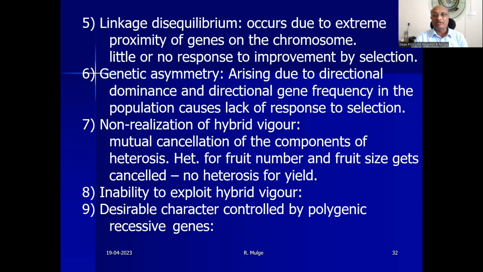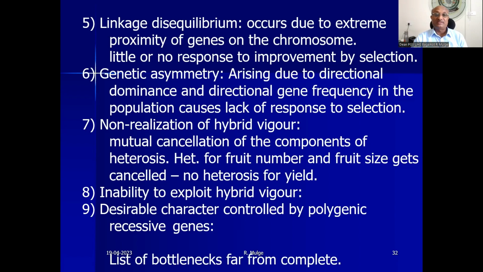In breeding for a dominant gene and a recessive gene there is a big difference, right? The procedure has additional steps you have to involve. So with a single gene itself you are getting into complication. If it is polygenic recessive, it is further complicated. So those characters are desirable, but controlled by polygenic recessive genes, the pace of crop improvement is always slower.